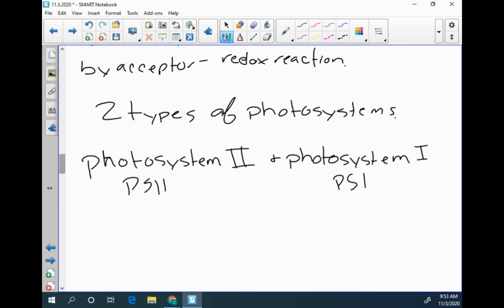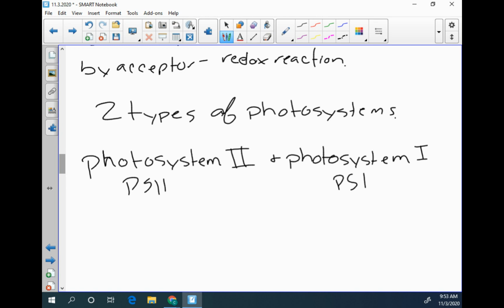So here's the thing. They are named after the order in which they were discovered, not the order in which they take place in photosynthesis. So photosystem 2 happens before photosystem 1.